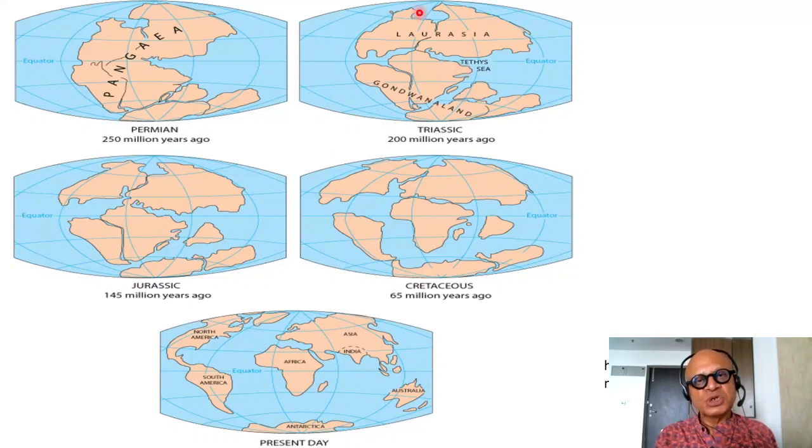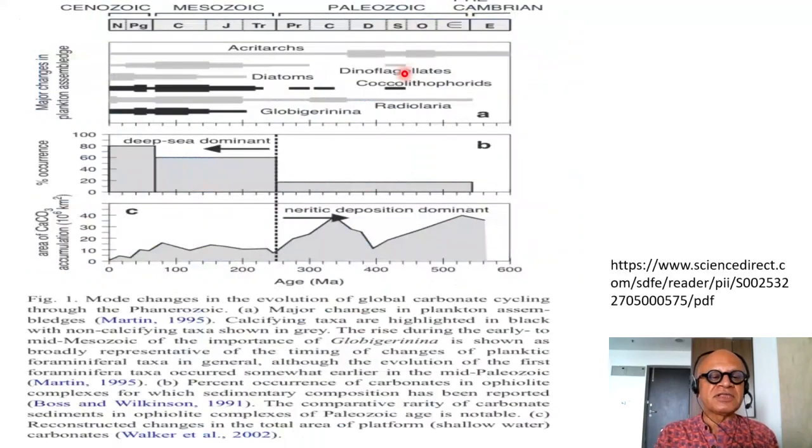But here the other thing to remember is that as the continental configurations change, the equator to pole temperature gradient would change, atmospheric circulation would change, ocean circulation would change, shelf areas would change, species evolution would change. Remember, the plants, the vegetation was already evolved, and we will see that marine species which could produce calcium carbonate in large amounts evolved much later, and that is shown here.